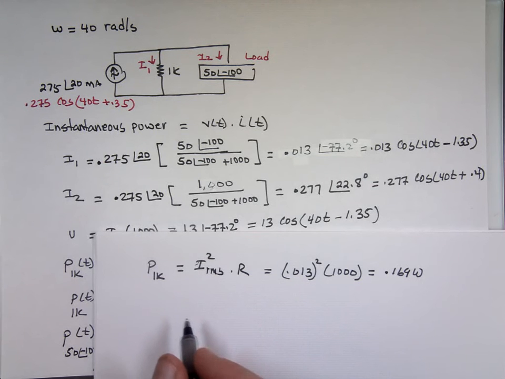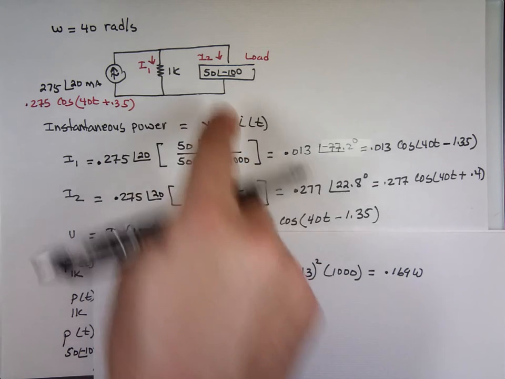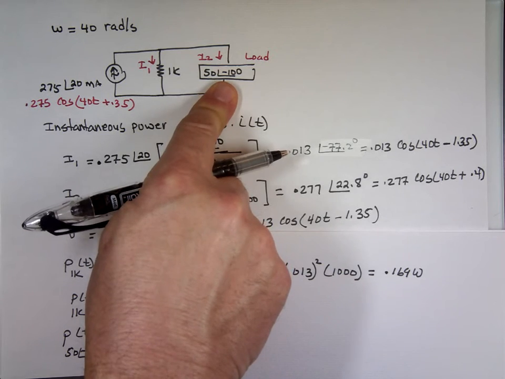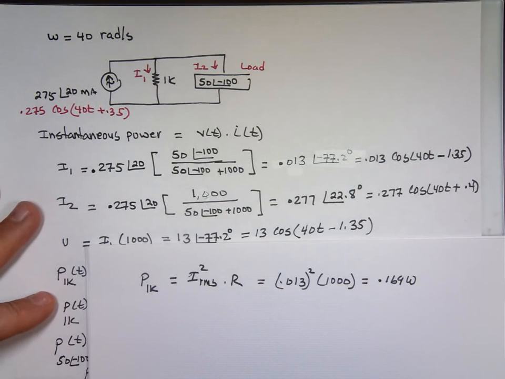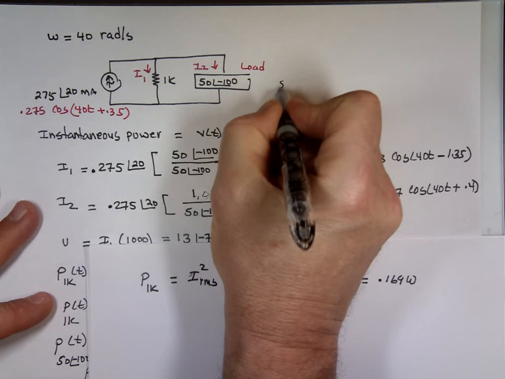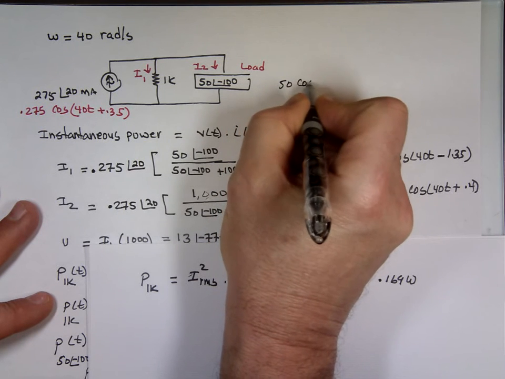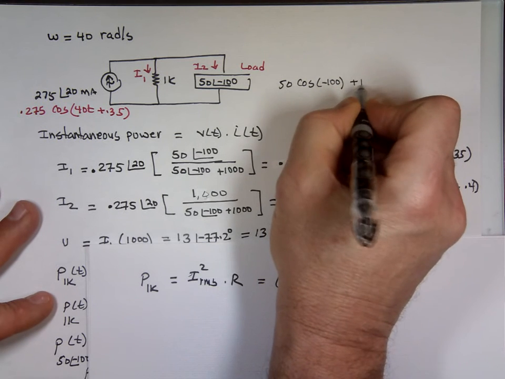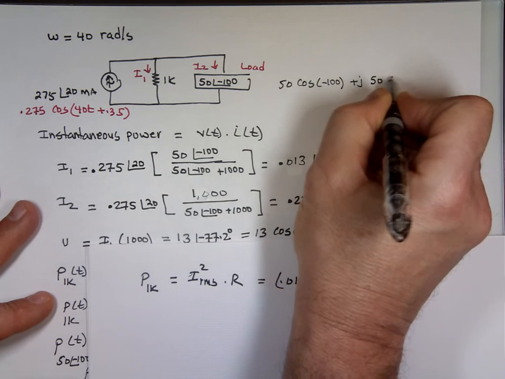Now remember, if you break down the load, what do you have? You have 50 cosine negative 100 plus j 50 sine of negative 100.